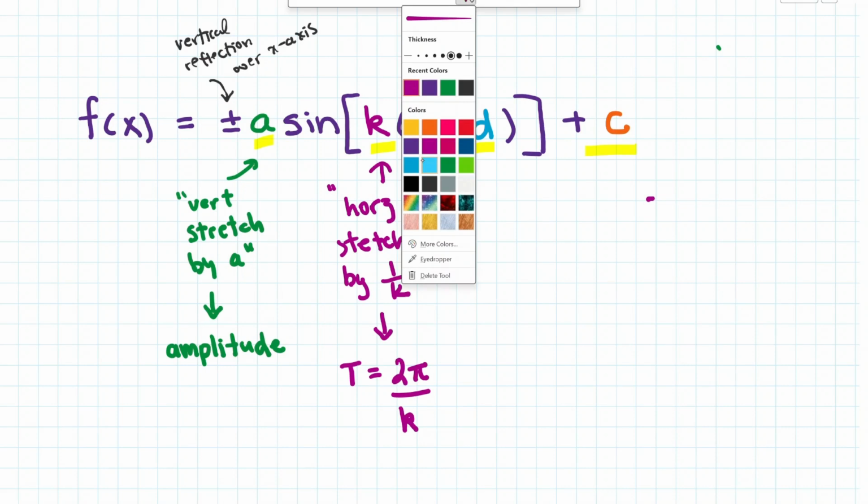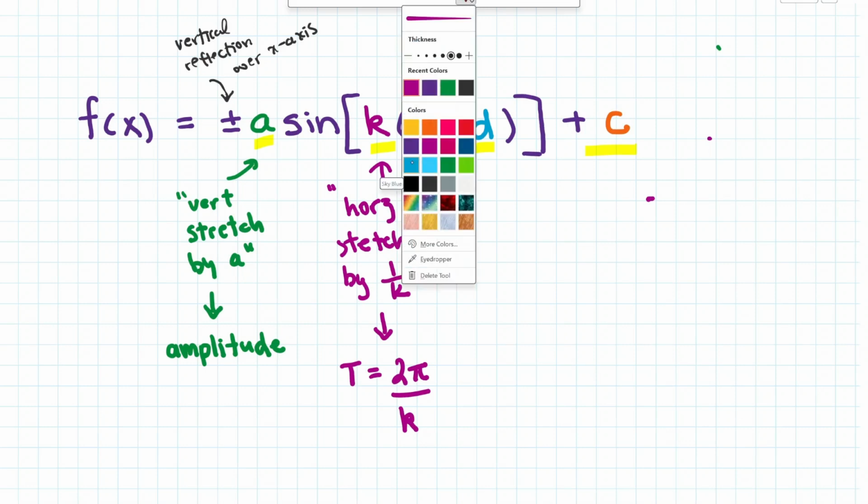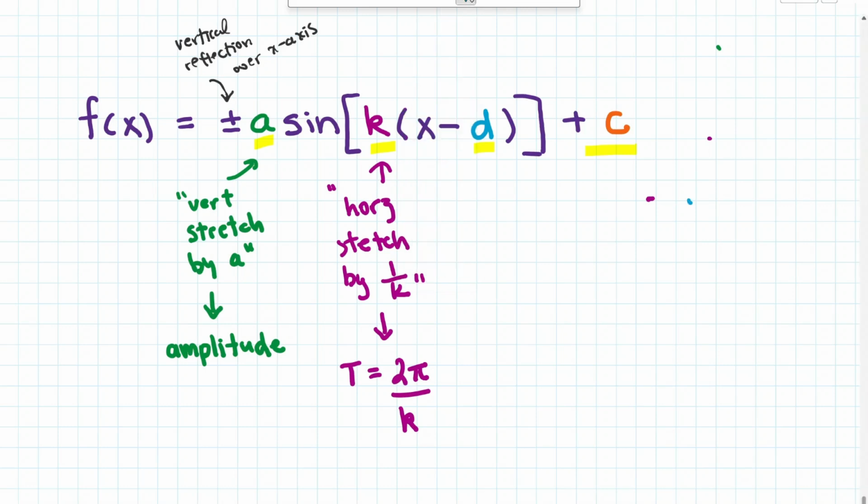Okay, so let's move on to the next one over here. Now we're going to enter inside of our bracket so that we can look at our translations. So we have our k, which stretches us horizontally, and now we need to figure out what about our translations. So here we're going to look at our d value.